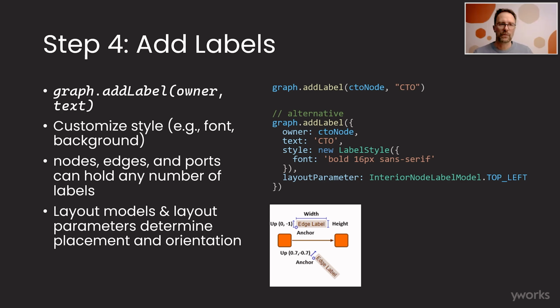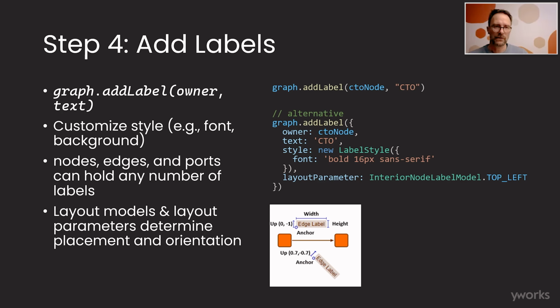Meaning for nodes, typically you have a placement below, on top of the node, right across diagonally at the node, or somewhere else. Whereas for the edge, they could be at the first segment, second segment, at the center, and so on. And the parameter is basically like a strategy for where to place those items. So you don't have to specify the exact coordinates, but you tell it where to logically place those elements.